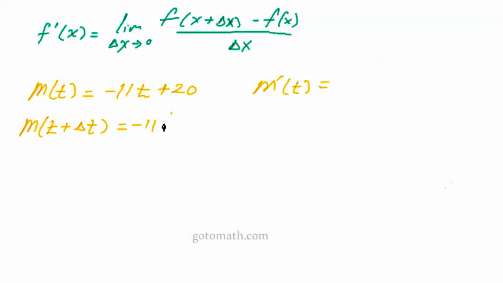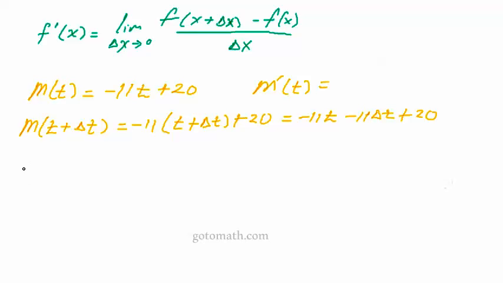So we have negative 11, t plus delta t, and then of course plus 20. Now let's distribute that negative 11 across. We have negative 11t and then minus 11 delta t, and then plus 20.